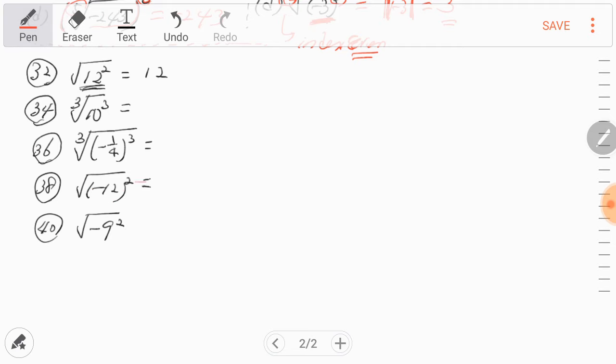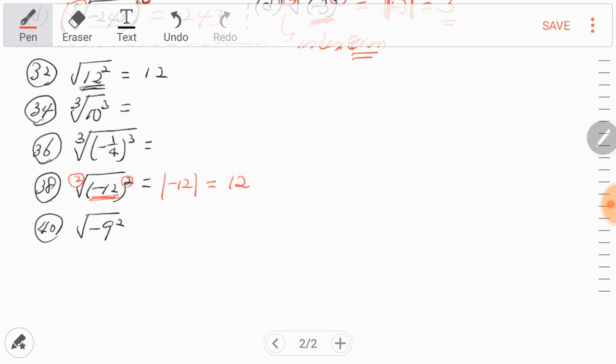The square root of negative 12 squared. The index is even, and the index and the power are the same. Then you can take the base out, but make the base positive, because when we square negative 12, it becomes positive already.